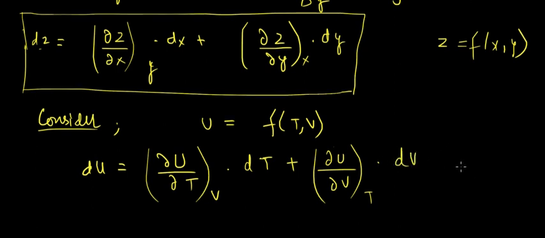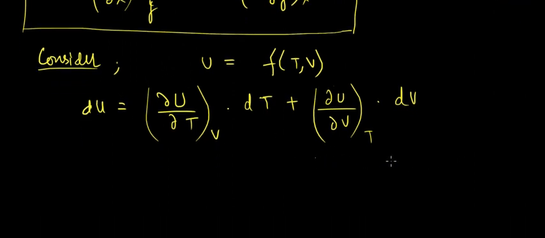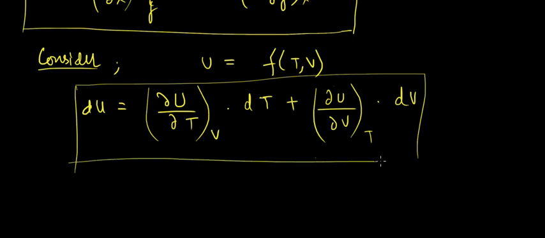So this is the equation which we get when u is a function of temperature and volume.